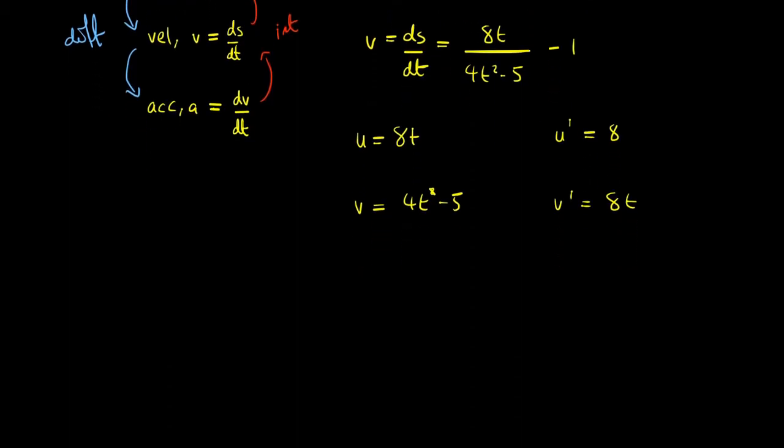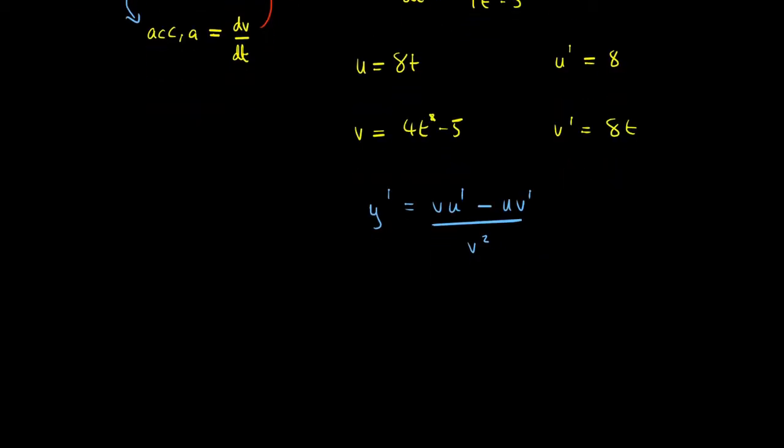And what is the quotient rule? The quotient rule is v u prime minus u v prime, all over v squared. It's important to get that order right. It's v du minus u dv. The classic mistake is to get the reverse order, u dv minus v du, and therefore get it wrong. So now we just need to substitute in.